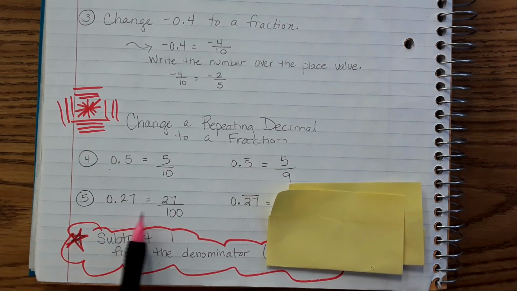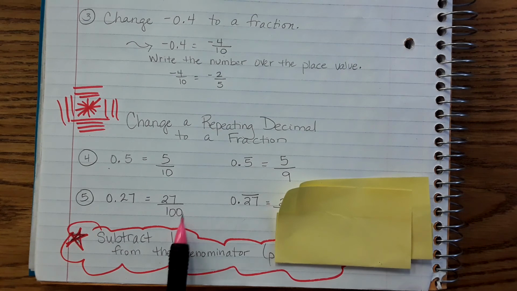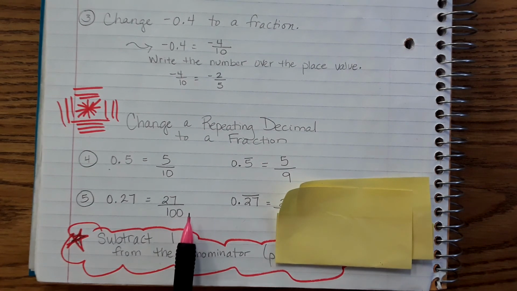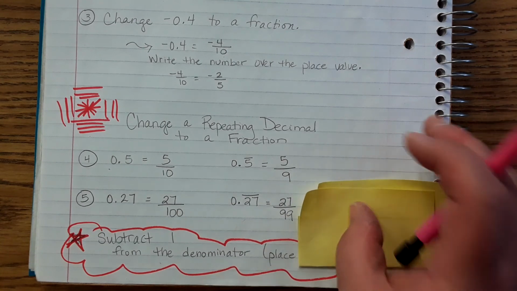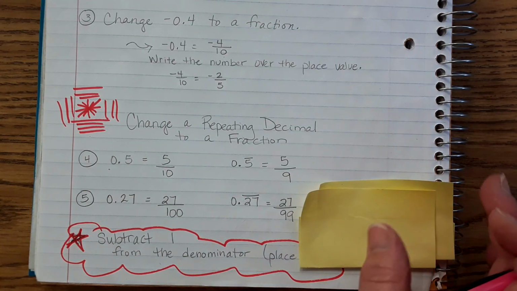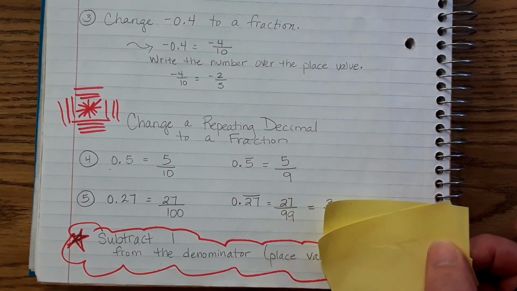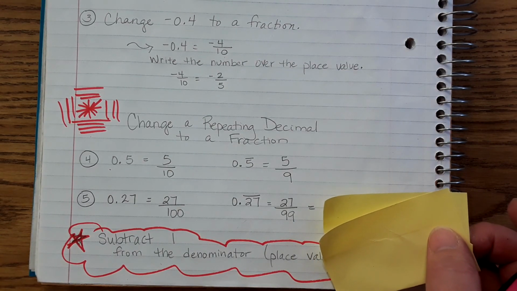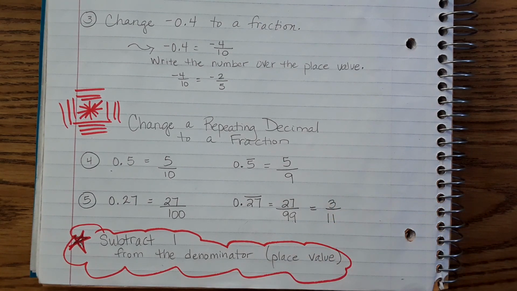Know that 0.27 is 27 hundredths, and then just subtract 1 from the denominator, which is the place value. So subtracting 1, 100 minus 1 is 99. We would get 27 over 99. And as I said, if possible, always simplify. There's a common factor of 9. 9 can go into 27 3 times and 99 11 times. So we would say 0.27 repeating is 3/11.